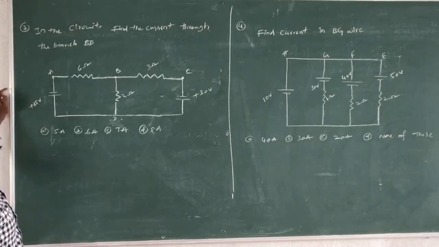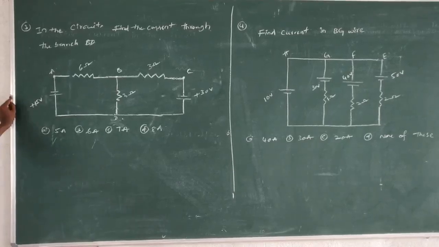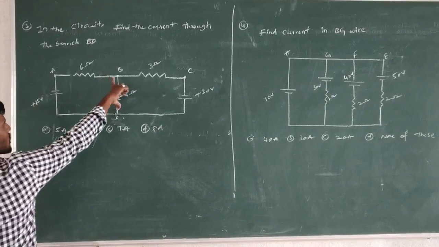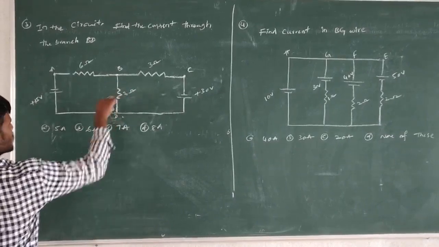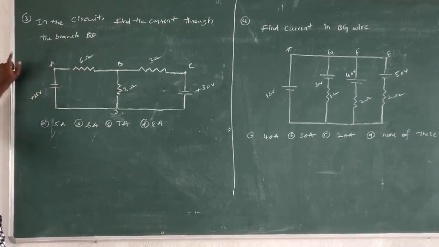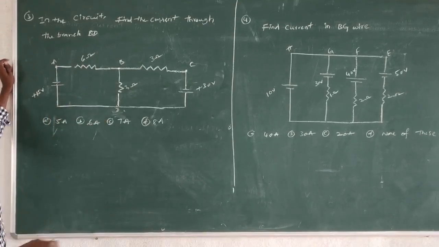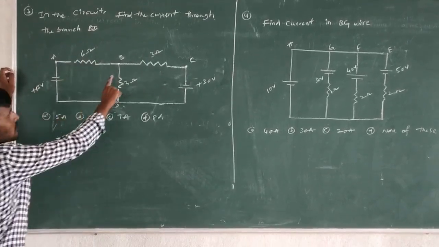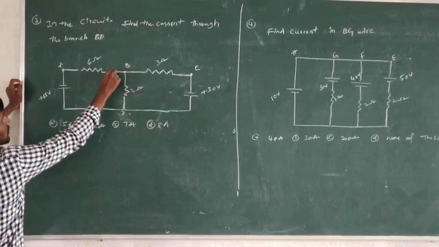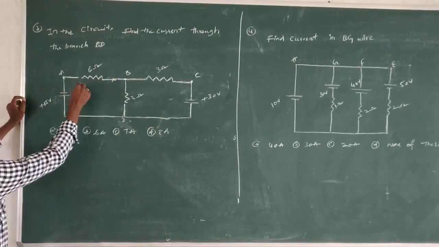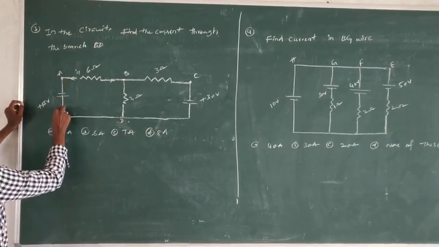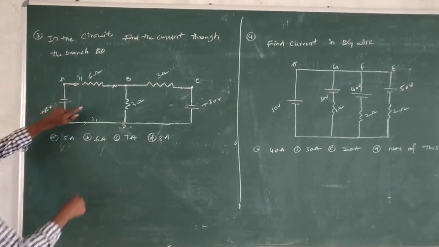Next question: in the circuit, find the current through the branch BD. In this question, we have two loops: this is the first loop, this is the second loop. For the first loop I will start from point B, and the current I1 flows in the first loop.